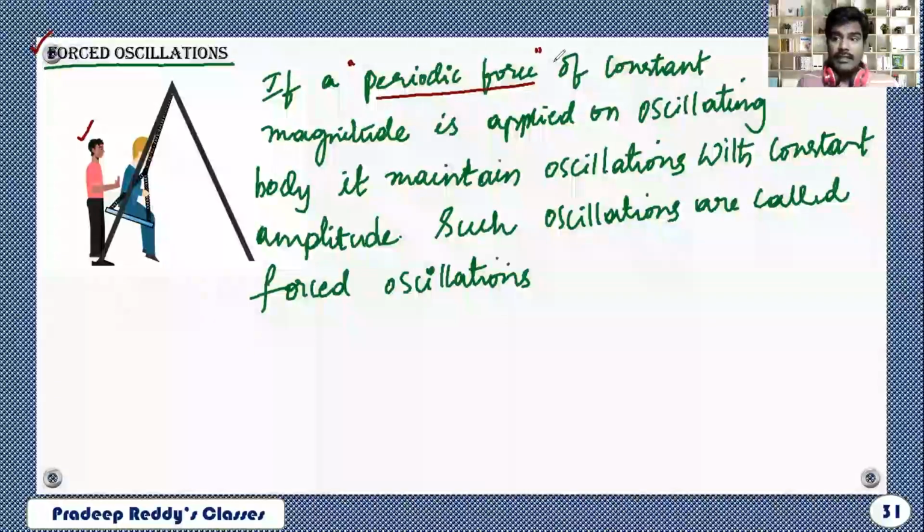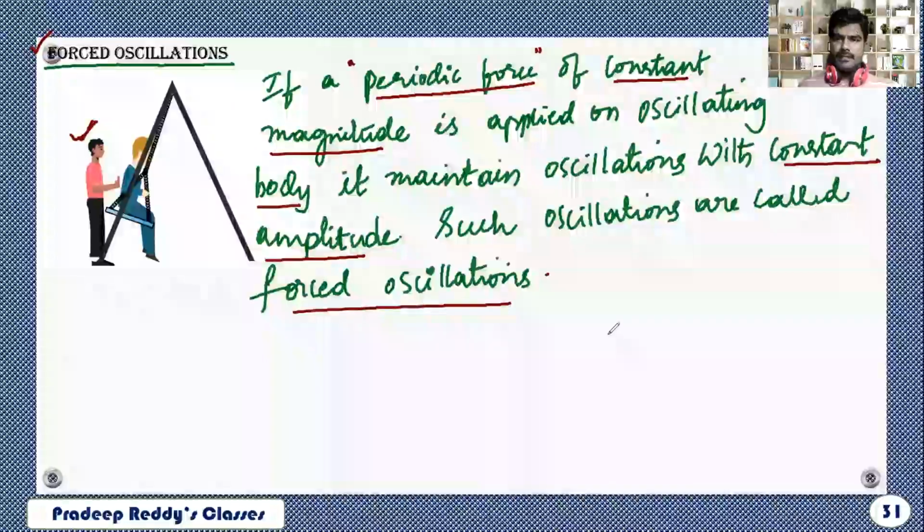For every one oscillation, he should apply the force at equal intervals of time. Therefore, that force is a periodic force. If a periodic force of constant magnitude is applied on an already oscillating body, it maintains oscillations with a constant amplitude. Such oscillations are called forced oscillations.